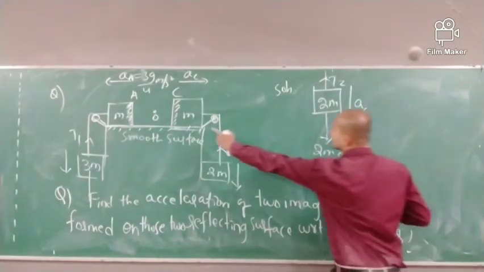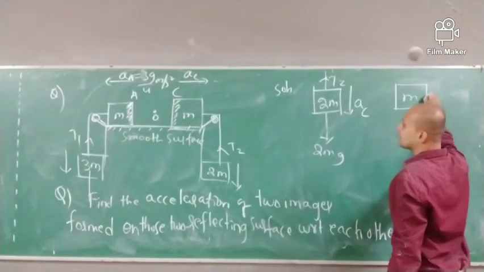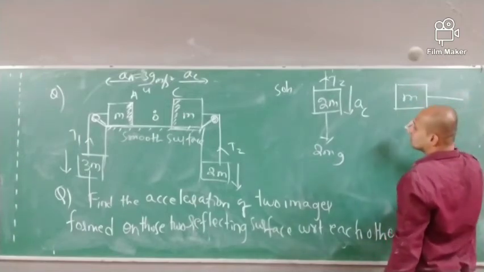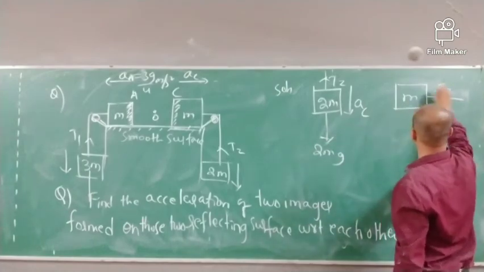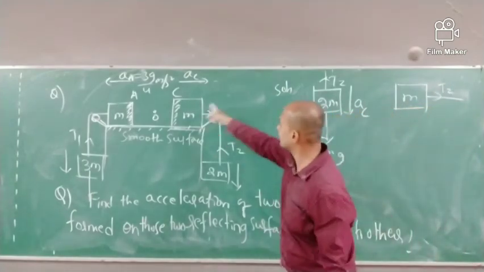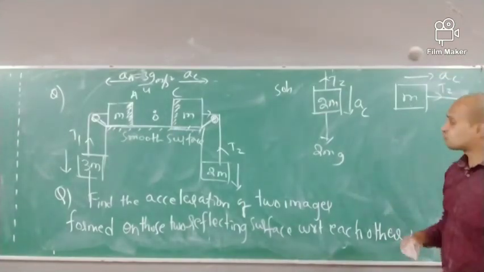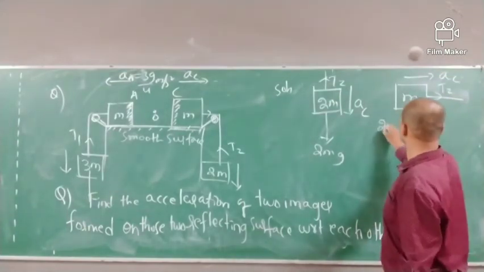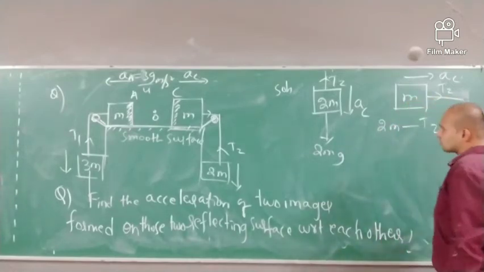If you take the free body diagram for the block of mass m here, T2 is acting like this, and the block has acceleration AC. From this again I can make two equations. 2mg minus T2 will be equal to how much?